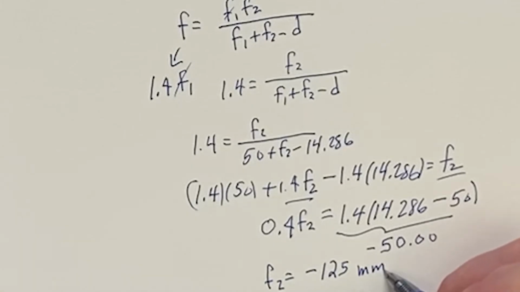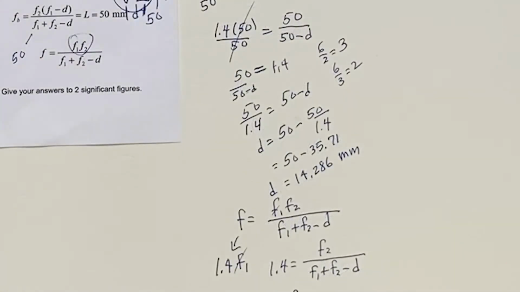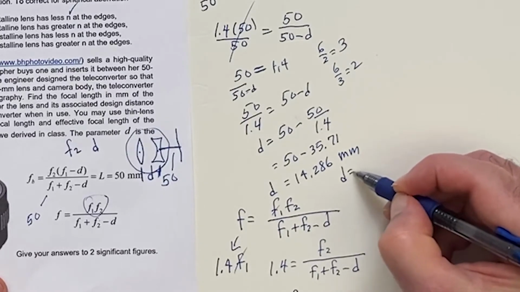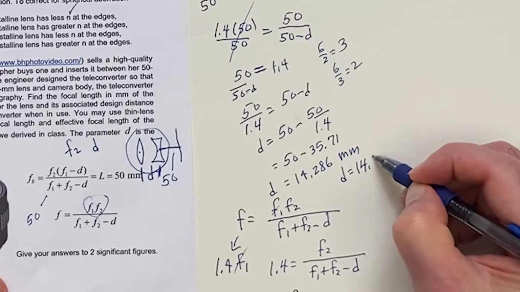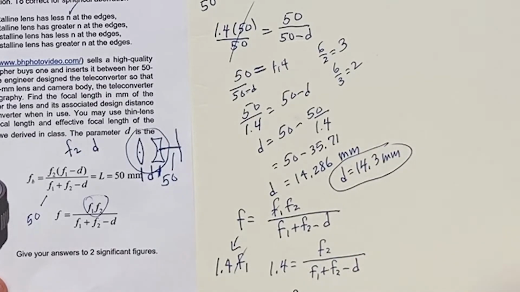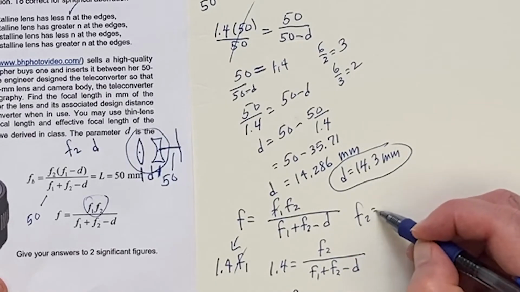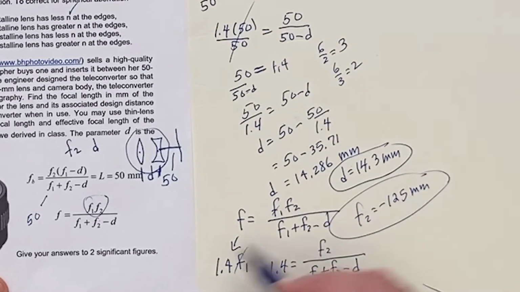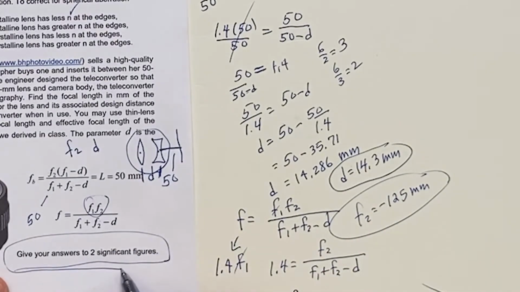millimeter. But now you have to be careful. I would report this as 14.3 if it were up to me, and I would report this as -125 if it were up to me. But my client here, who's paying me, wants this.